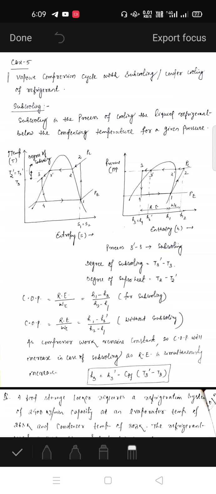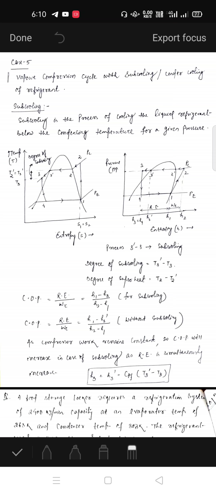Okay, so let's see the corresponding temperature-entropy diagram and pressure-enthalpy diagram, and then we will solve a numerical regarding this. Okay, so students, this is the temperature-entropy line, this is the pressure-enthalpy line, and these are the corresponding saturation curves for the TS diagram and the PH diagram.